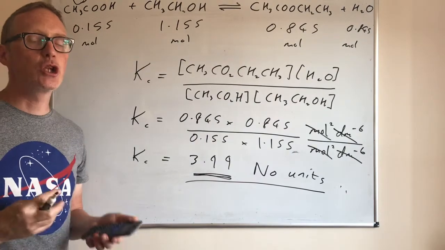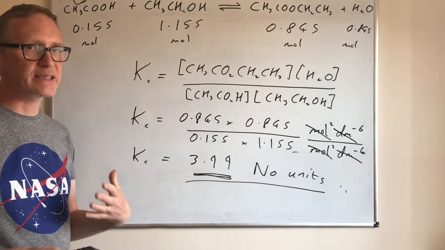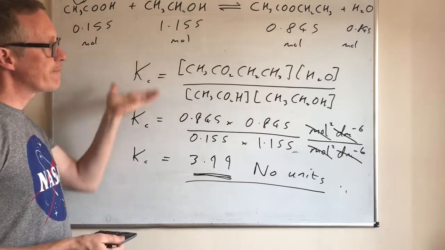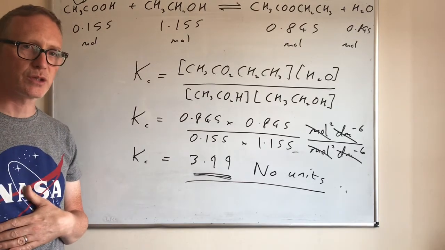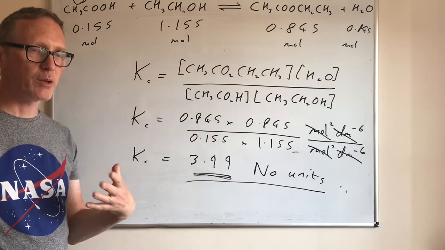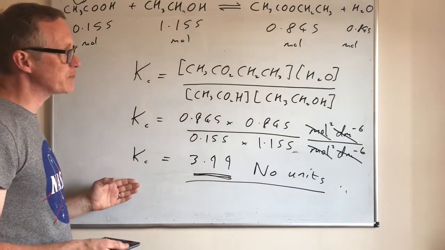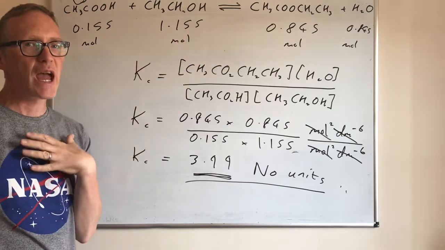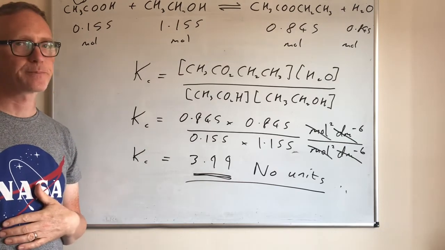Now, what I'm asking you to do today, in order to go on to harder Kc calculations, is to do the worksheet following this model of how you solve these problems. Because over the coming week, and over next week as well, we'll see that when you start to meet equilibria where everything is not in the same state, what are called heterogeneous equilibria, the picture is more complicated.